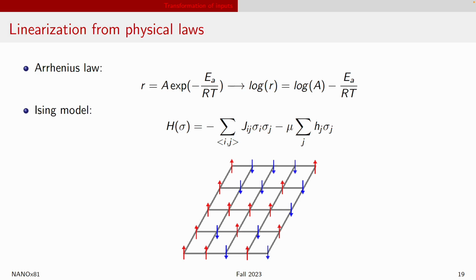Now, as I've shown you, sometimes you can linearize from physical laws that you know. So for instance, your Arrhenius relationship that I just showed you. There's also something called the Ising model, which is very popular in the literature as a simplified computational model to describe magnetic systems. Okay, so in the Ising model, basically you are trying to model the energy of this magnetic system on the lattice, and the Ising model is actually extremely simple.